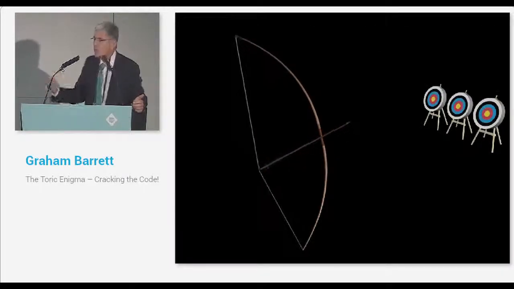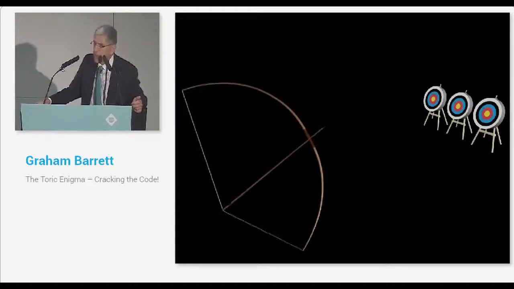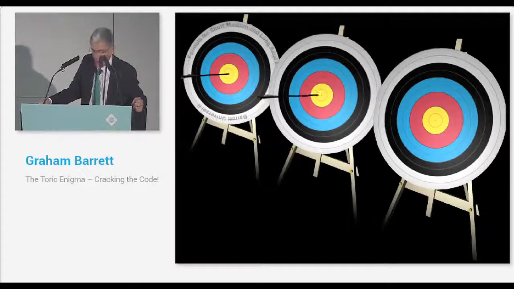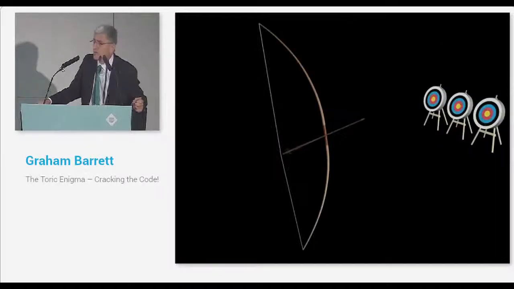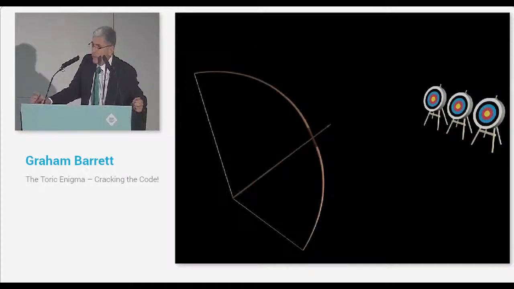So we do have formulae today that can accurately predict outcome for different axial lengths, for post-refractive surgery, but predicting toric lenses is probably the most challenging. And why? Because we're dealing with vectors, and vectors have both magnitude and axis.